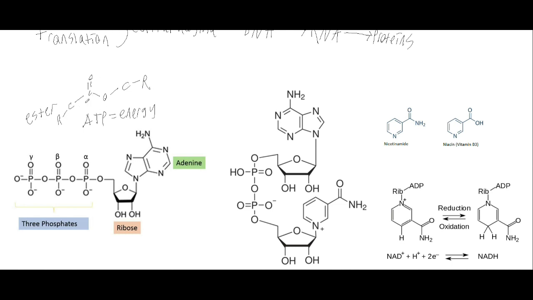So this was an ester bond. And so here, instead of the carbon double bond, it's a phosphorus double bond to an oxygen and then to another phosphorus double bond. So that's called a phosphodiester. And it's diester because we see that it's on both sides of this oxygen here.